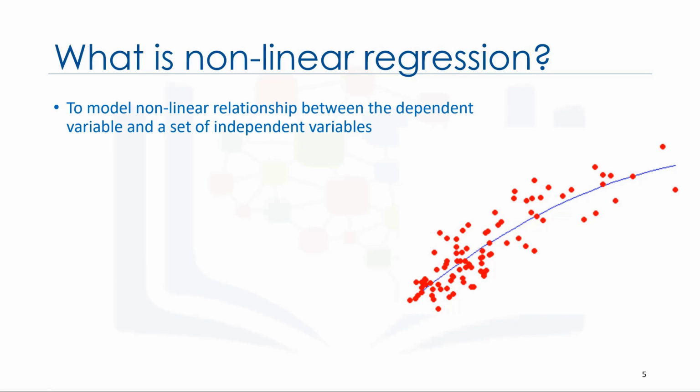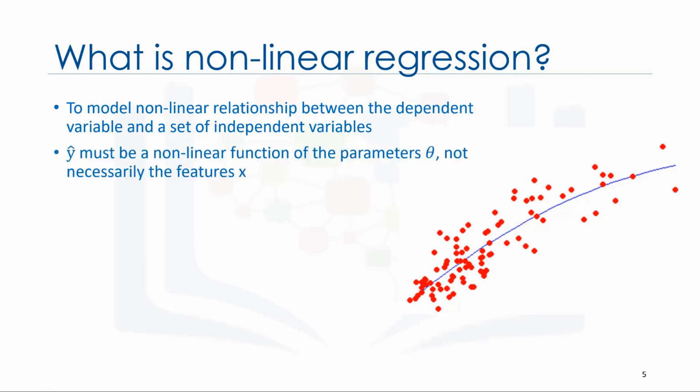So, what is nonlinear regression exactly? First, nonlinear regression is a method to model a nonlinear relationship between the dependent variable and a set of independent variables. Second, for a model to be considered nonlinear, y hat must be a nonlinear function of the parameters, theta, not necessarily the features x.